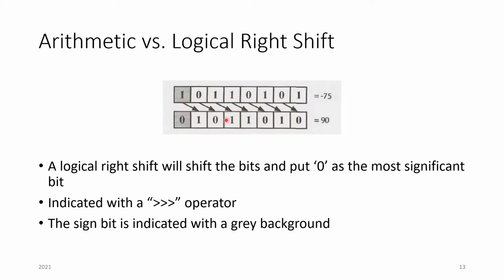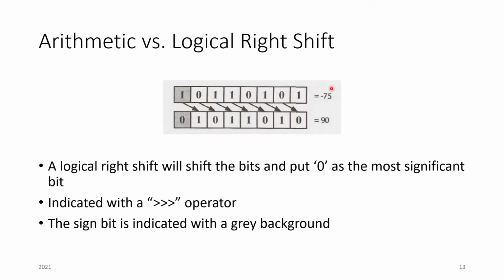So a logical shift right will shift all these bits here to the right by 1. So it will put this one here, this one here, and this one here, and so forth. However, it will put the most significant bit here as 0. And this is indicated with a triple operator instead of a double operator for a logical shift right.